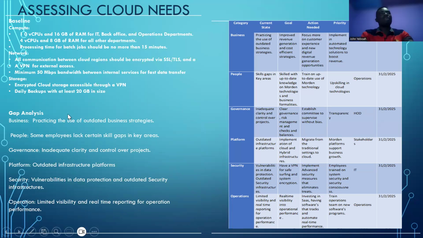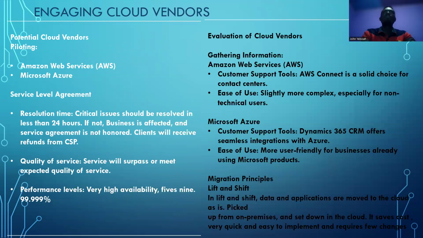We have business practices that we are going to use to replace outdated ones, and also new and enhanced business strategies. We train employees on new software, and we will have clarity and control over our projects. We are going to make sure to use updated platforms, not outdated ones.